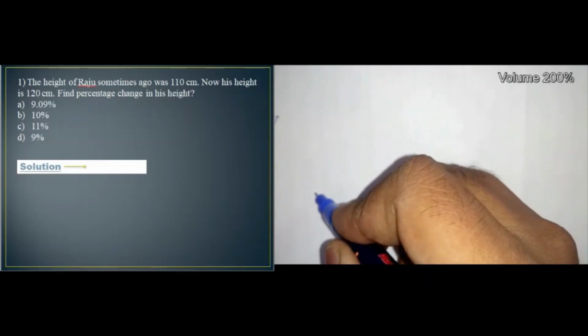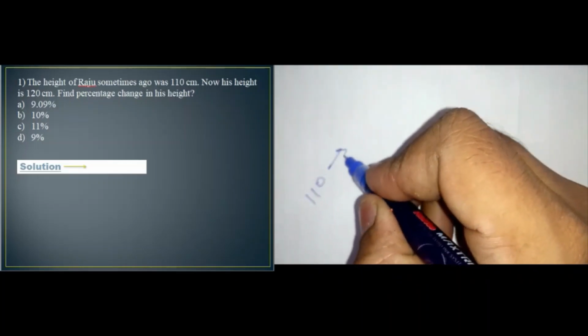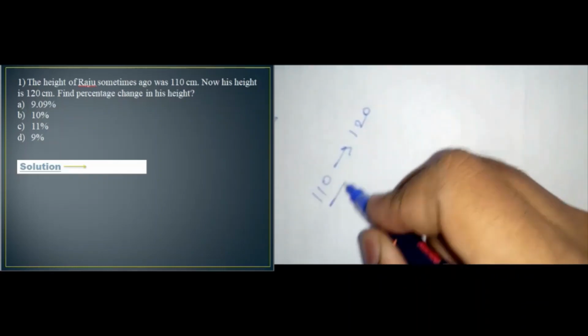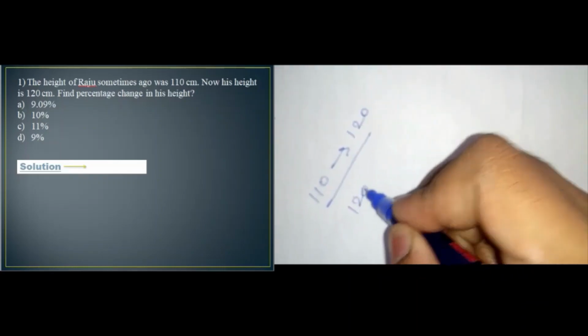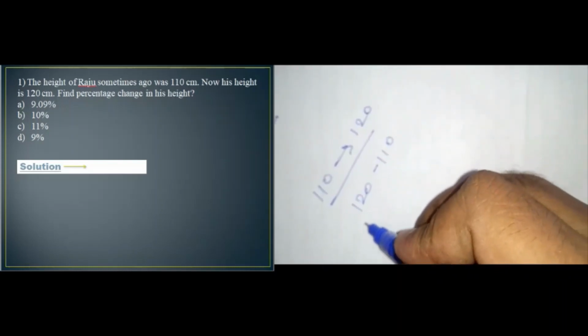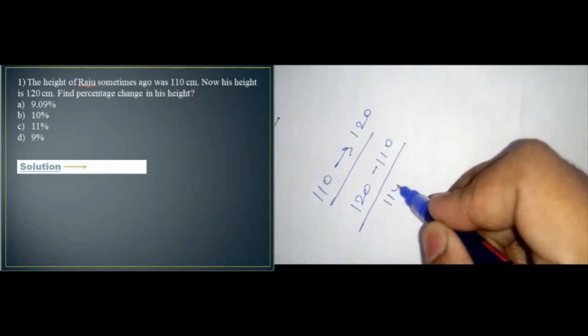The height of Raju was 110 centimeter and this height is increased from 110 centimeter to 120 centimeter. So the change in the height is 120 minus 110 centimeter, and the base height or the original height was 110 centimeter.